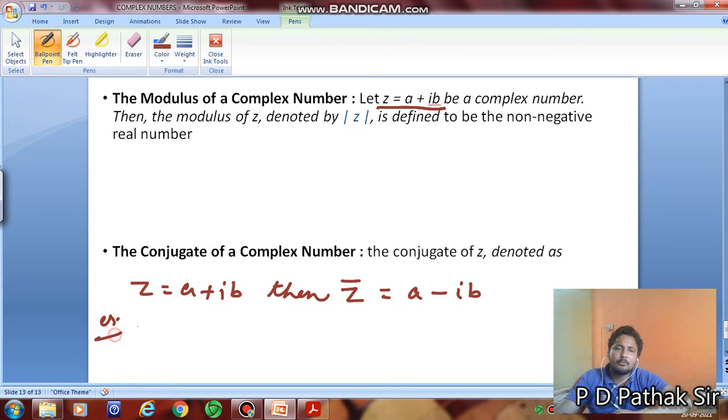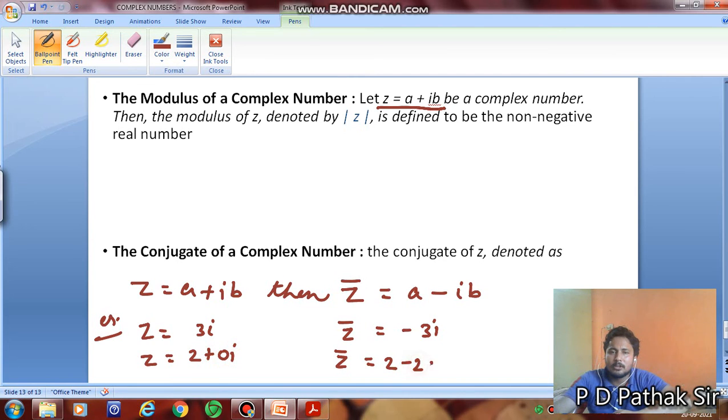For example, if z = 3i, then z bar will be -3i. If z = 2, then z bar will be 2, because you can write 2 + 0i, and 2 - 0i does not have any meaning, so it is also 2.